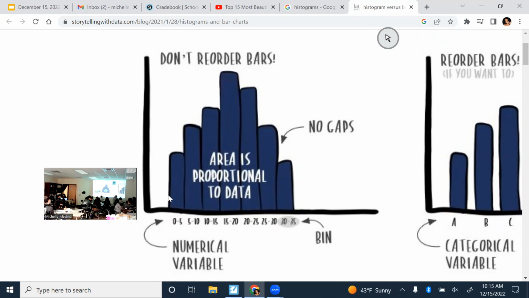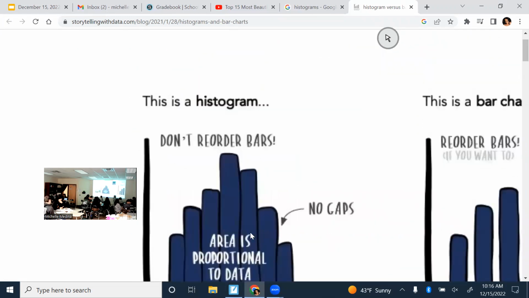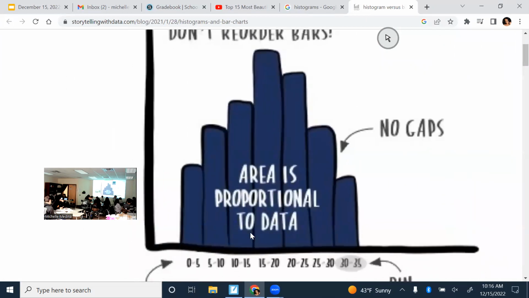All right, if it shows it as overlapping, then know that. So if the intervals are listed like this, it makes it hard to tell what goes in what bar.